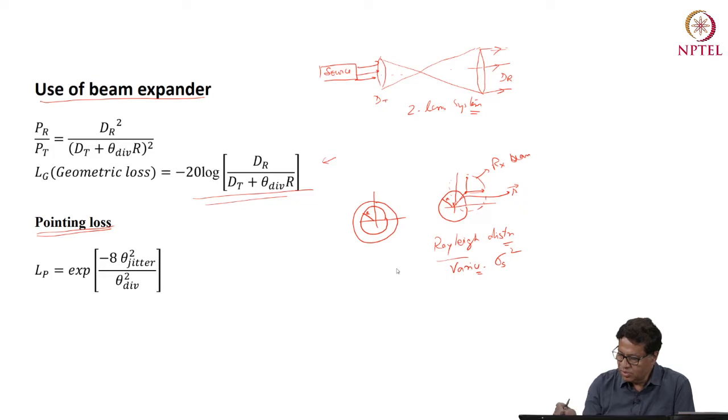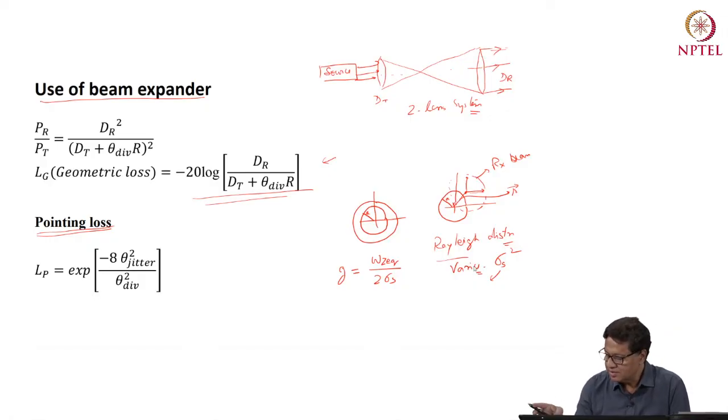So in order to quantify this pointing loss, I define a factor called G, which is the equivalent beam width of the received beam at the receiver divided by 2 sigma s, which is the standard deviation which has come after I have assumed that this R follows the Rayleigh distribution with variance sigma square.